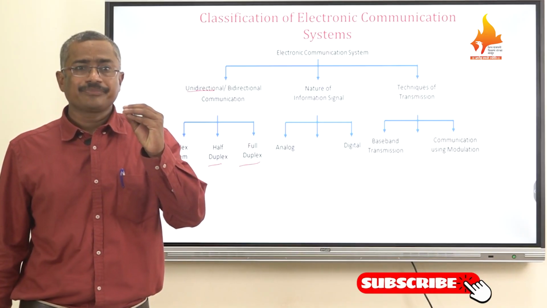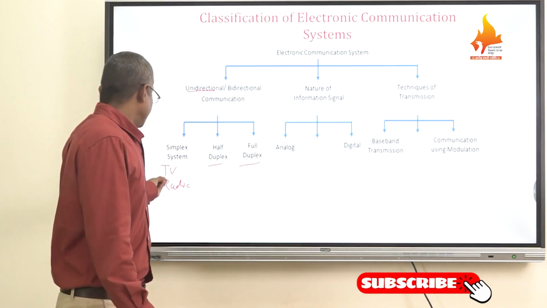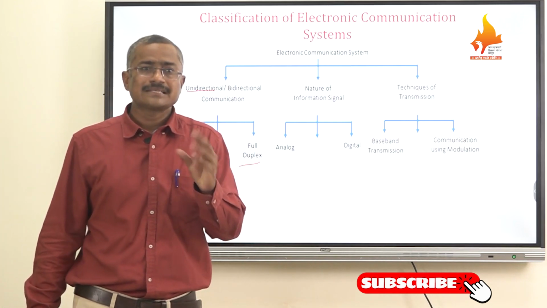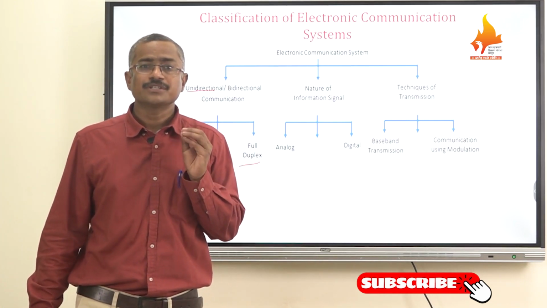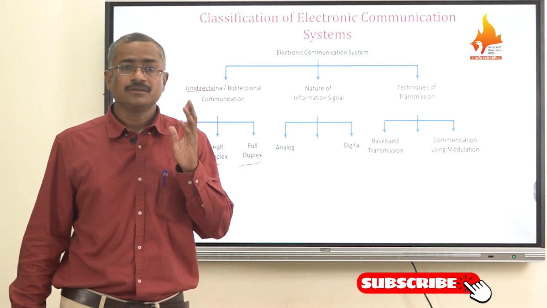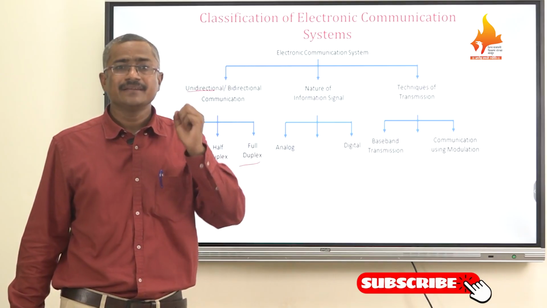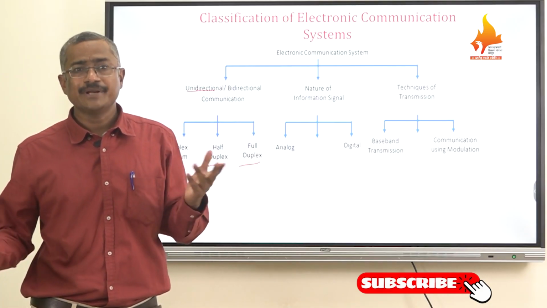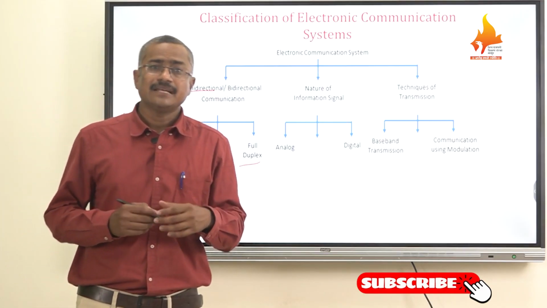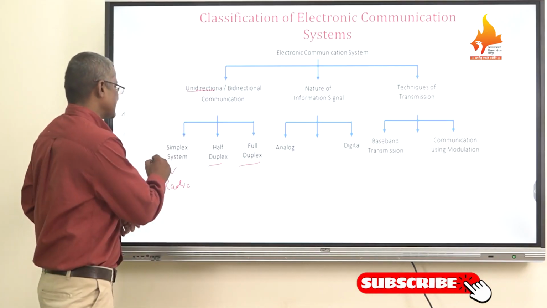Another example of a simplex system is information transmitted by the telemetry system of a satellite to Earth. The satellite is always sending data on position, temperature, and geographical location. That is also an example of a simplex system.